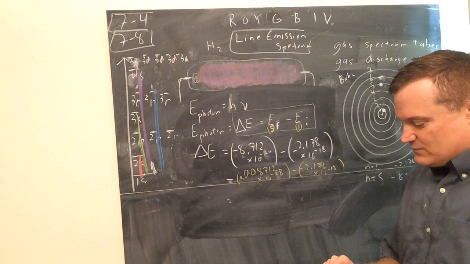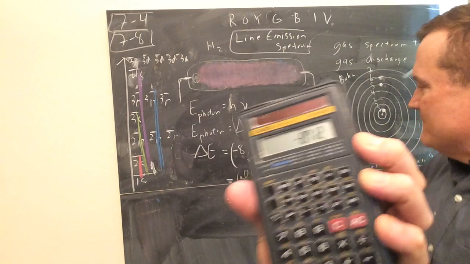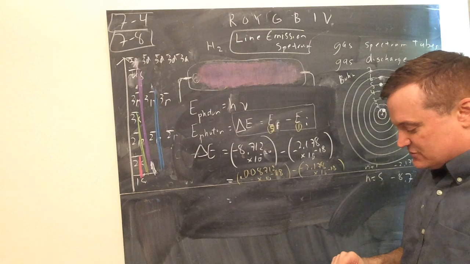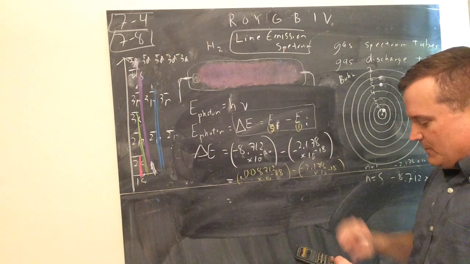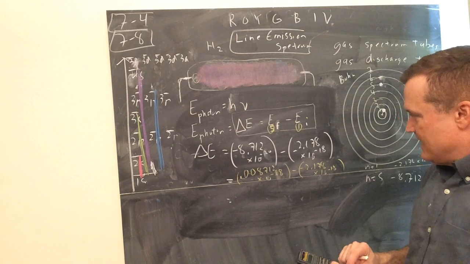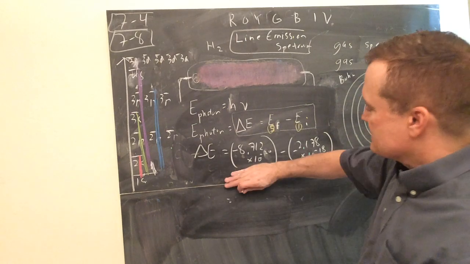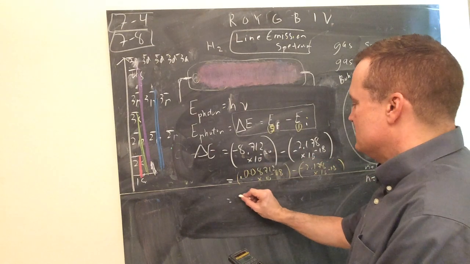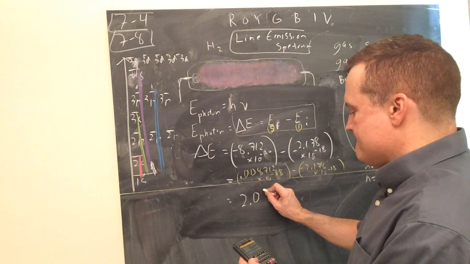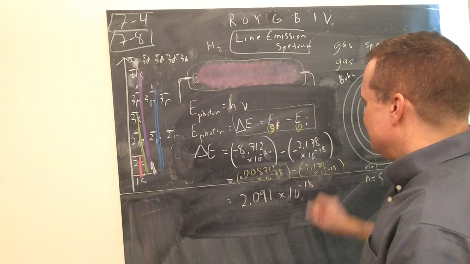Negative 8.712, it has to be negative on the calculator, exponential negative 20, minus 2.178, exponential negative 18. So just ignore that yellow line, that mess I wrote there. This minus this equals 2.091 times 10 to the negative 18.